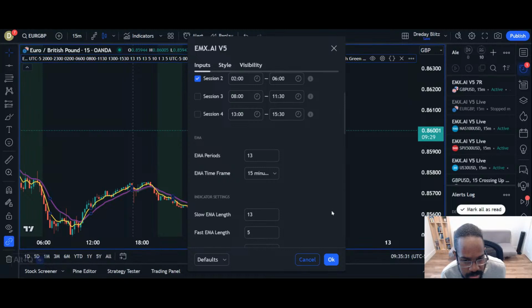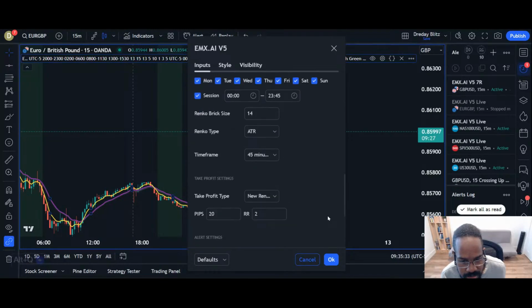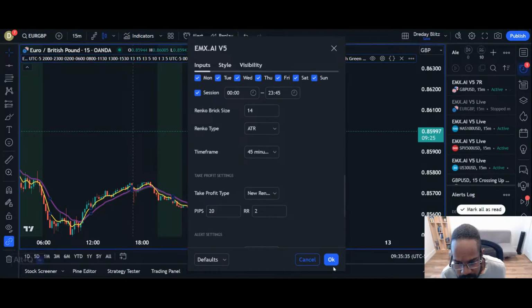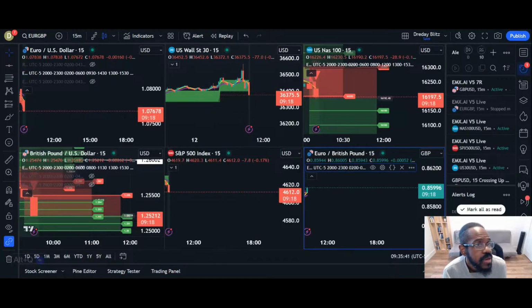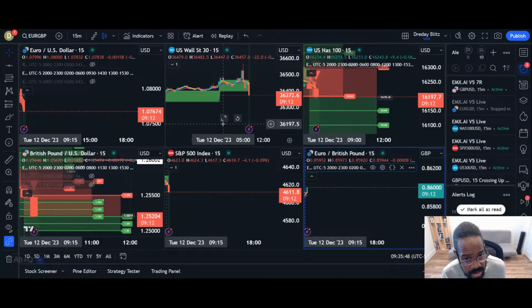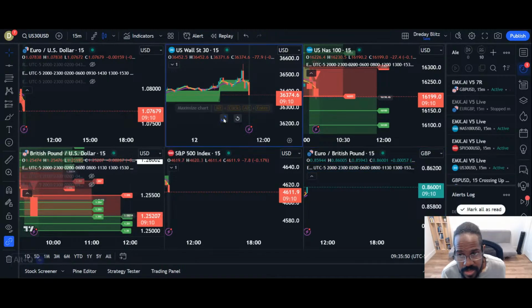Make sure that I have the right settings here. Yep, good. Perfect. And then we have the indices here.